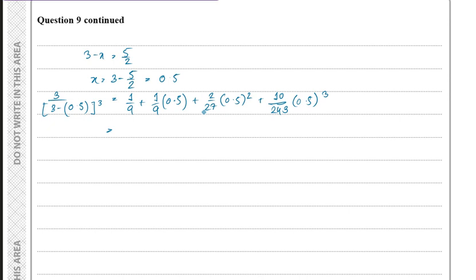So this would turn out to be 0.190, sorry, so 0.190329 2181. They have asked us to give it in 5 decimal places.